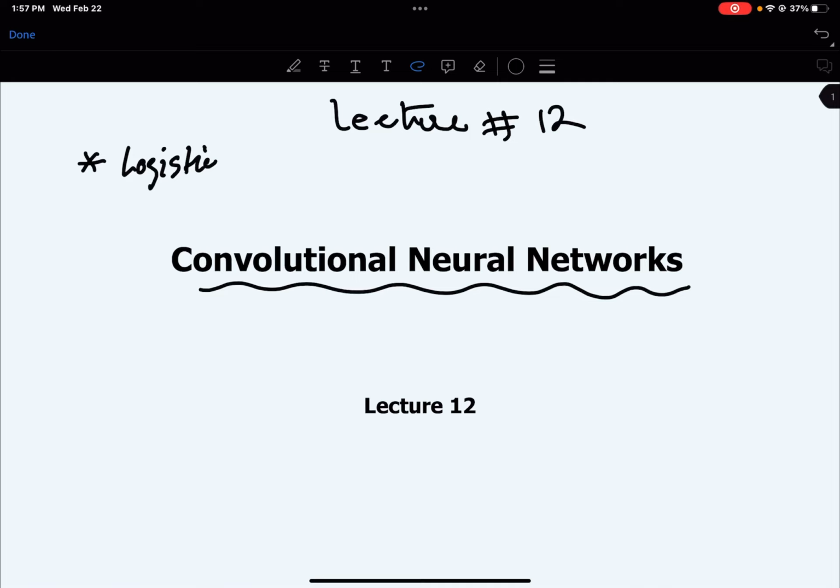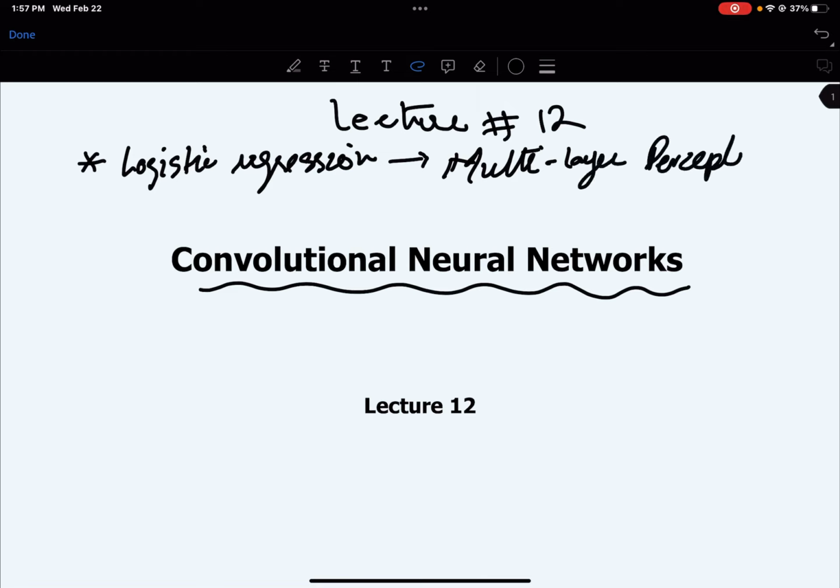logistic regression, and then we extended the concept to multi-layer perceptron, and then we converted those shallow networks to deep networks.